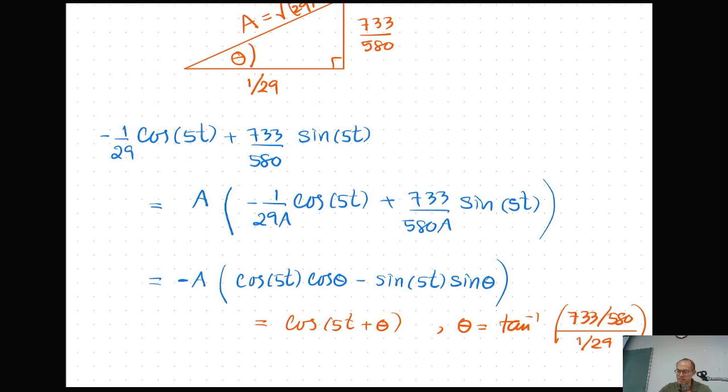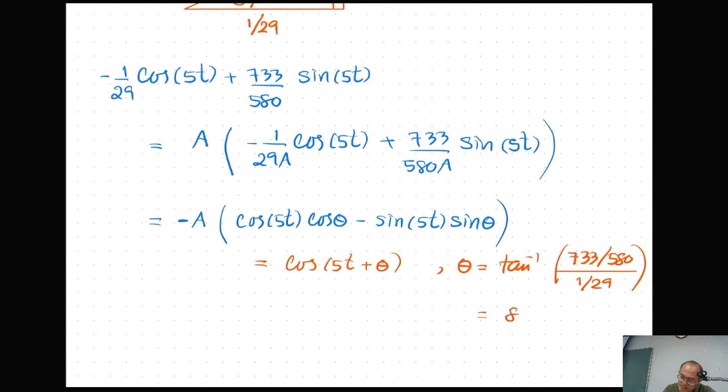I could use my calculator to get theta, which is the arctangent of 733 times 29 divided by 580. I got about 88.4 degrees. So I have these two terms equal to minus A times cosine of 5t plus 88.4 degrees.